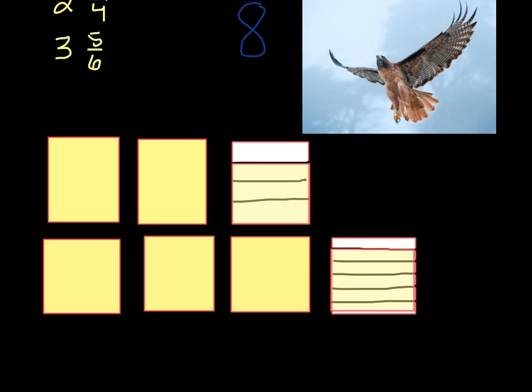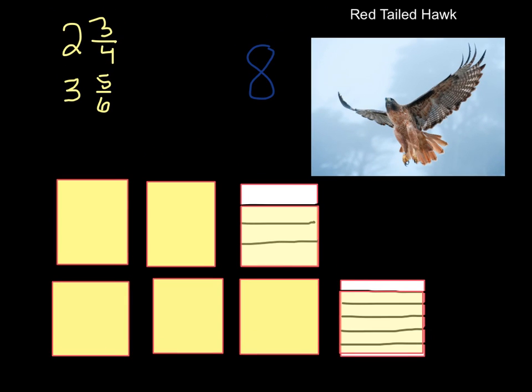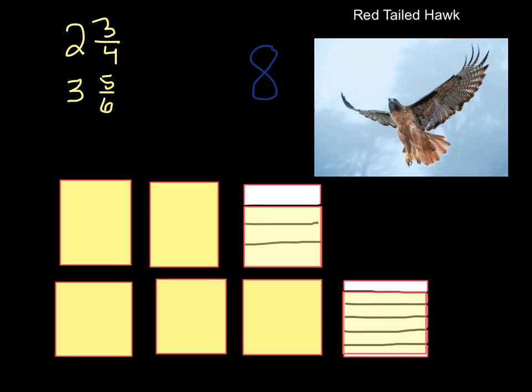So now I need to figure out how I'm going to do this, right? And the problem is that I've got fourths. This box here is cut into fourths, and this box here is cut into 6. So the first thing I have to do is find my LCM, which stands for least common multiple. I'm going to take the 4 and the 6.